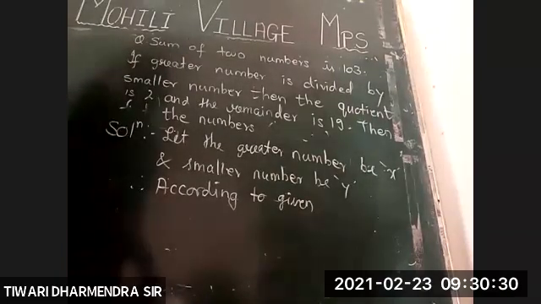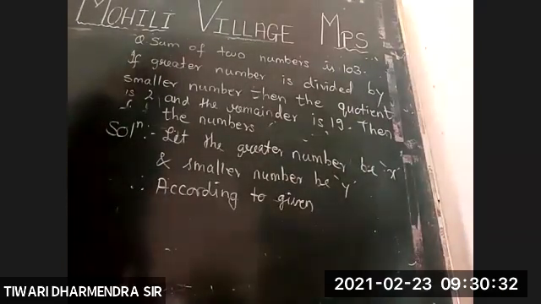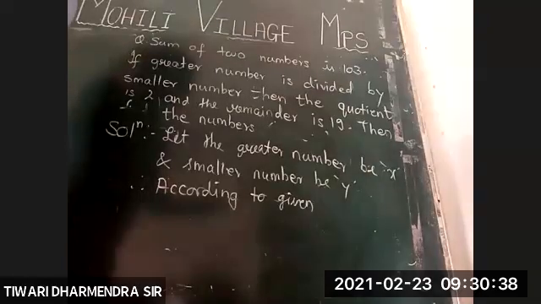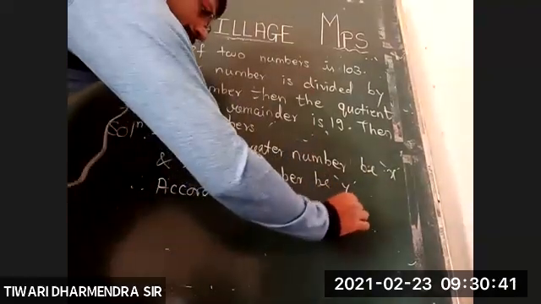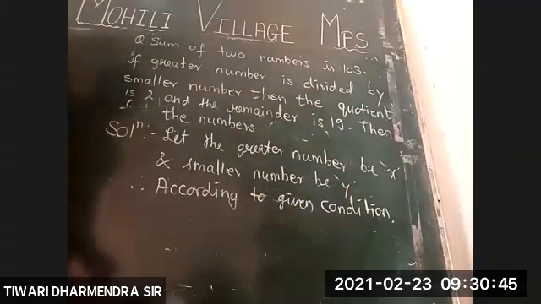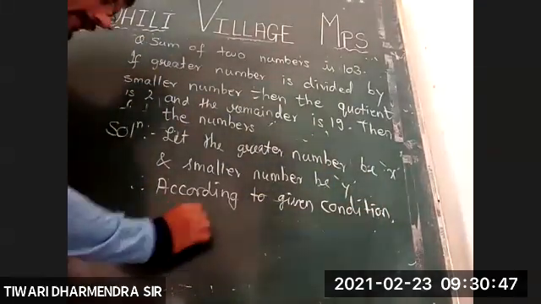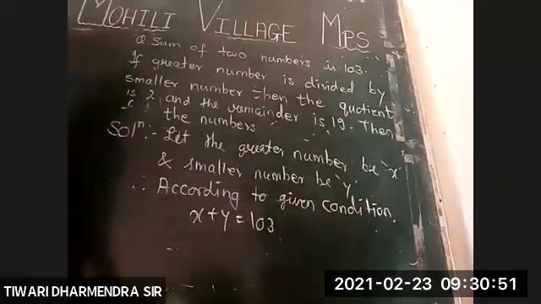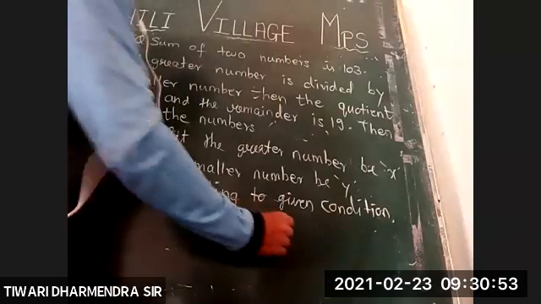If your understanding is good, you will frame the proper equation and get a correct answer. x plus y is equal to 103. This is my equation number 1.